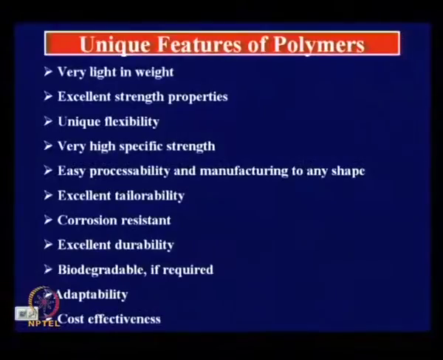Then corrosion resistant, we fulfill our demand utilizing the available materials, say metals. Now, metals are not resistant to corrosion. In order to prevent corrosion of metals, we take the help of polymer by applying a coating of polymer over these things, so that the electrolytes cannot get access to the metal surface, in order to set electrochemical reaction which occurs in corrosion process.